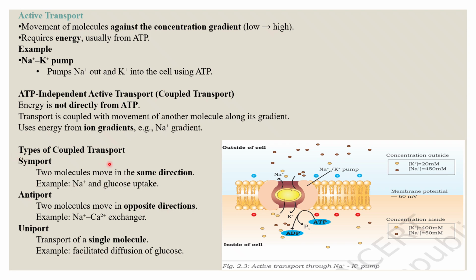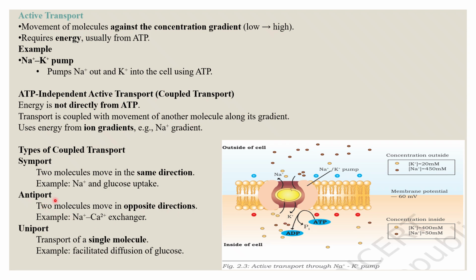So types of coupled transport. There are three types of coupled transport, that is symport, antiport, and uniport. In case of symport, two molecules move in the same direction, like sodium and glucose uptake. That means the sodium is coming inside the cell, as well as the glucose is also coming inside the cell.